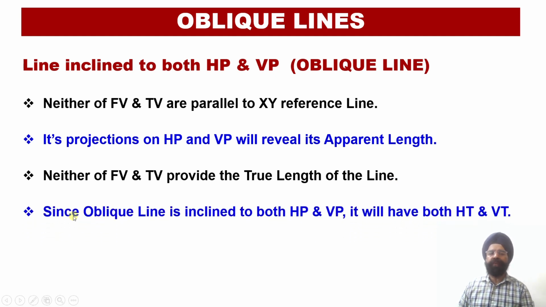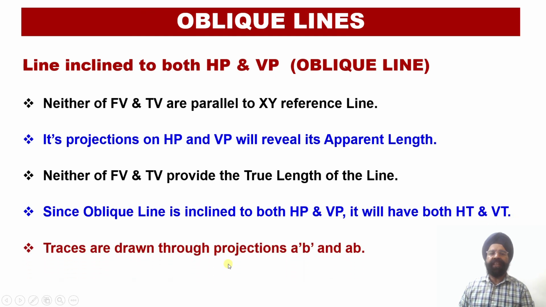And because of the inclination of the oblique line with respect to the reference planes HP and VP, we are going to obtain both the horizontal trace as well as the vertical trace corresponding to an oblique line. And these traces will be obtained through the projection lines A dash B dash and AB.